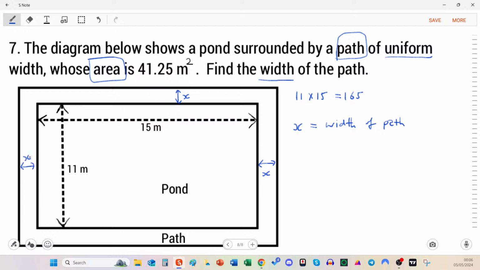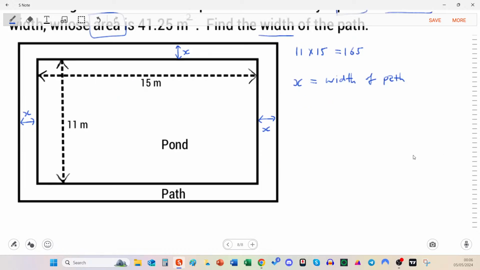And that's kind of useful, I think. Well, I think that if we did the big rectangle, take away the small rectangle, that we would have the area of the path, wouldn't we? So the big rectangle is going to be this width here, and I'll write it in 3 stages as I see it, which is X, X, and 15.